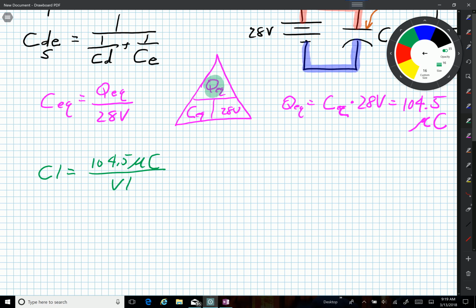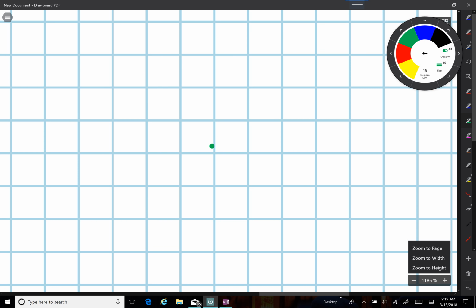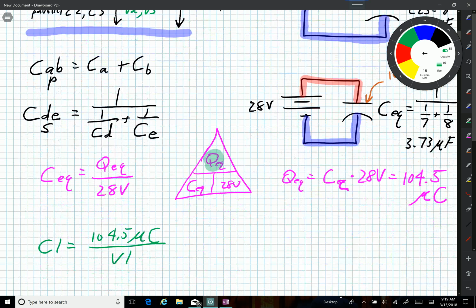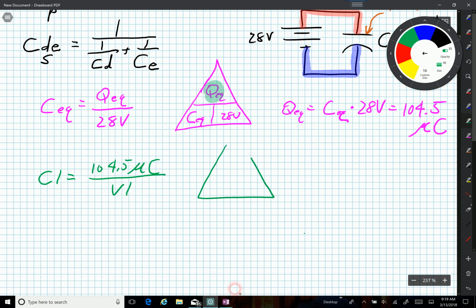All right, so now here's what I know and here's what I don't know. If I draw my diagram, I have 104.5 microcoulombs. I have V1 and I have C1.